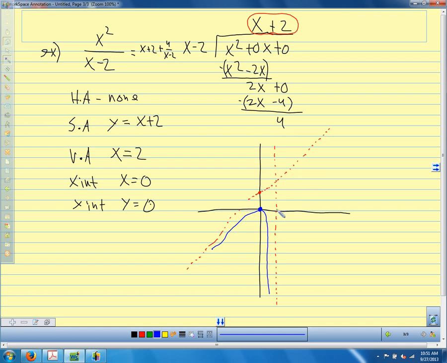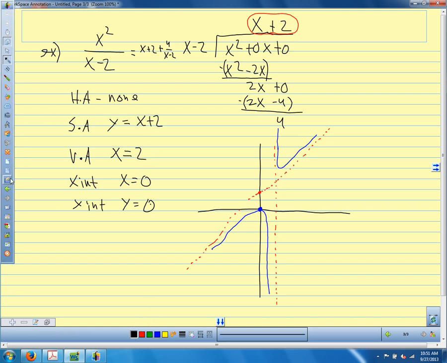Could our graph be over here? If it goes to the vertical asymptote, wouldn't it have to go through the x-axis again? Yes. Could it be over here? It would have to go through the y-axis again. So our graph goes like so. If you're not sure, plot some points. Just plug some numbers in and calculate. So this would be a sketch of our graph.